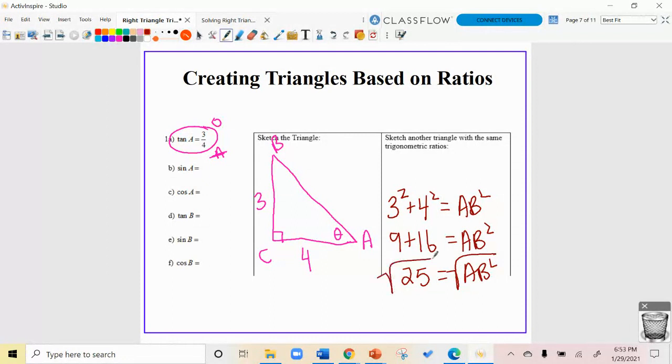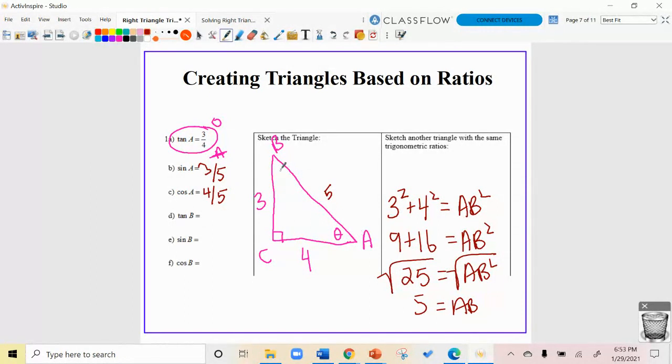When I take the square root, 5 equals AB. Now I have the picture that didn't exist before. I can now do the sine of A is 3/5. Sorry, I can do the cosine of A is 4/5.